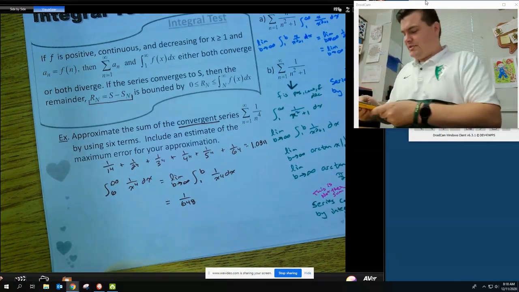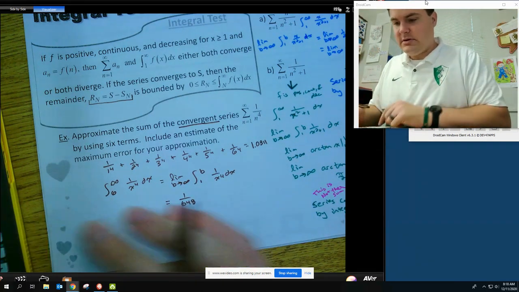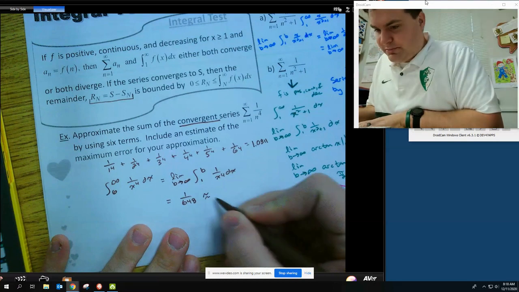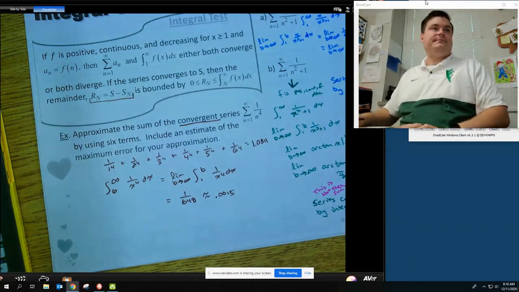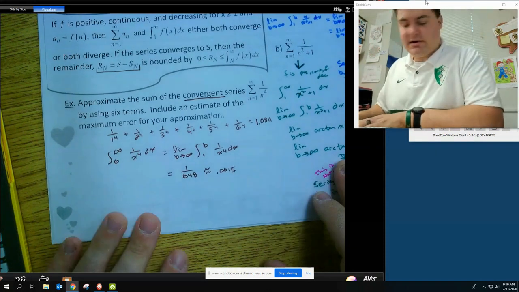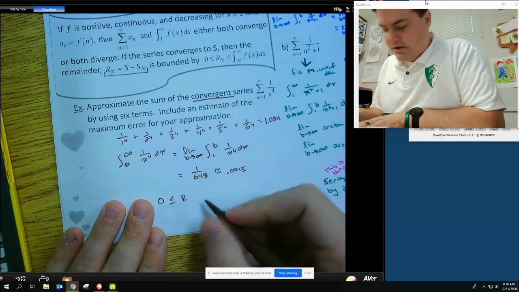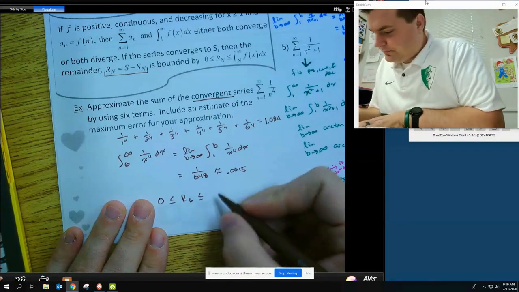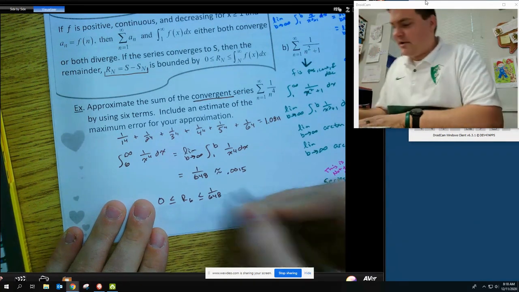I'll try to put this in perspective for the problem. This is approximately 0.0015. So what this is saying is that my error out to 6 terms is 1 over 648.